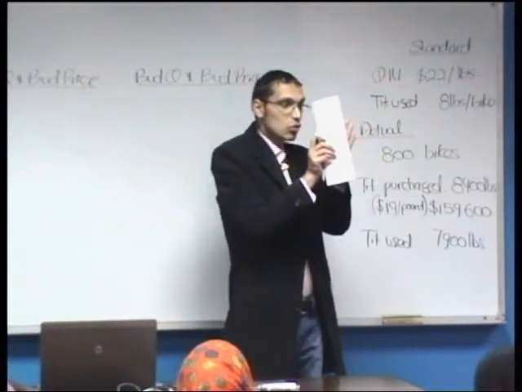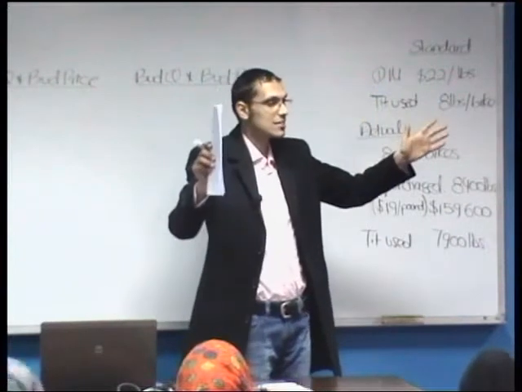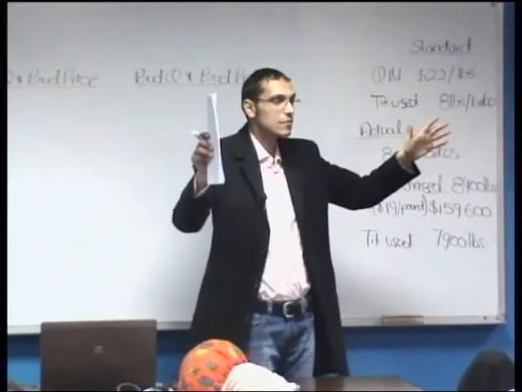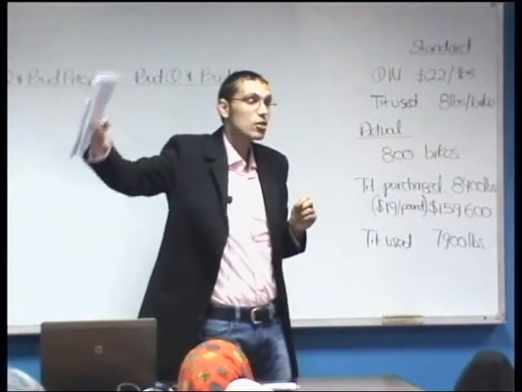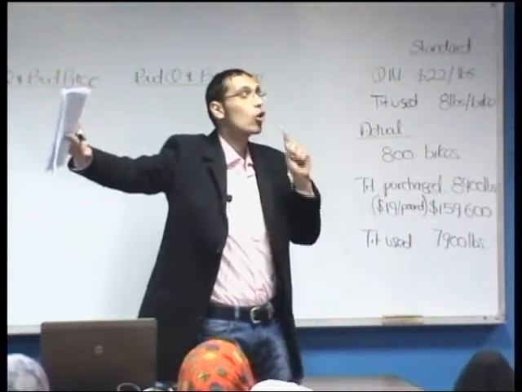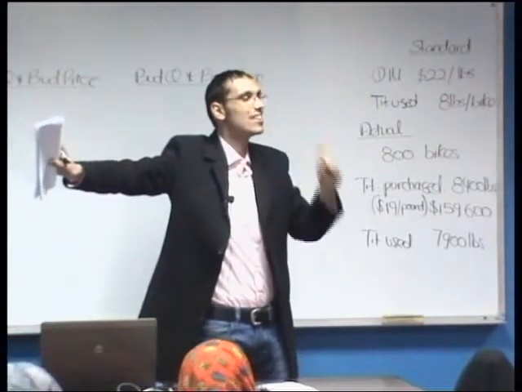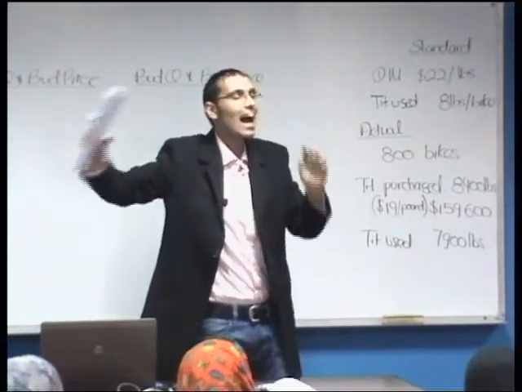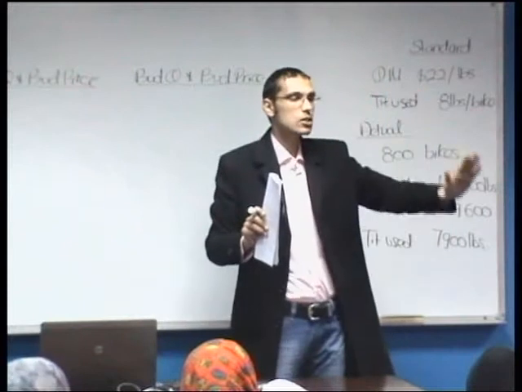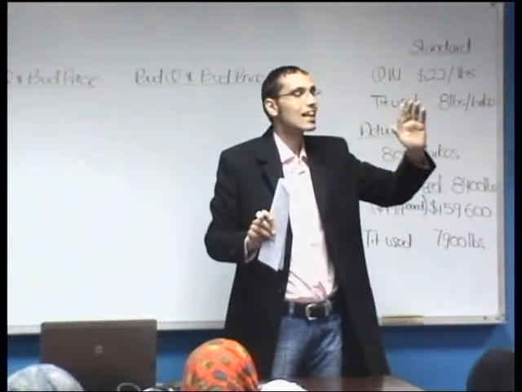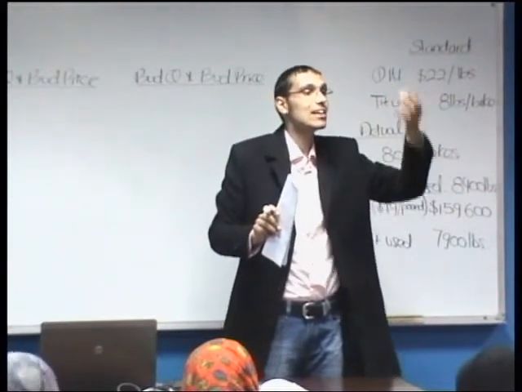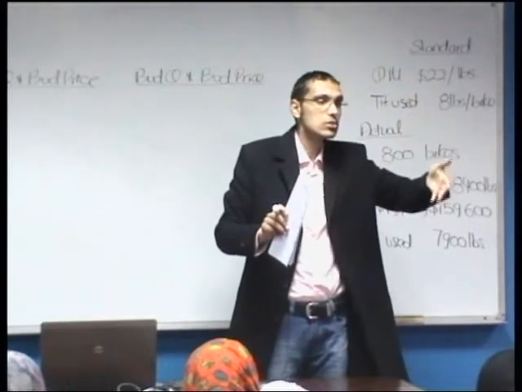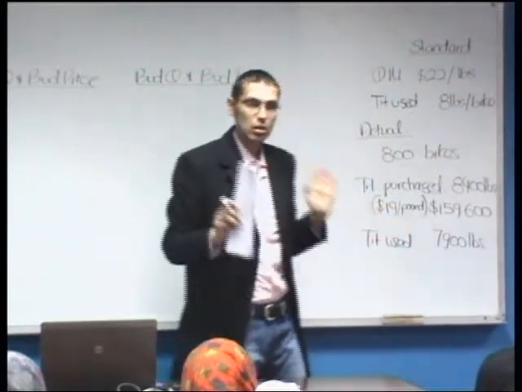Therefore, we need to have two different analyses, two different perspectives. One perspective is to consider or to calculate the price variance according to the quantity that was purchased, and then we need to have another perspective in order to calculate the efficiency variance according to the quantity that has been used or actually used within the process.